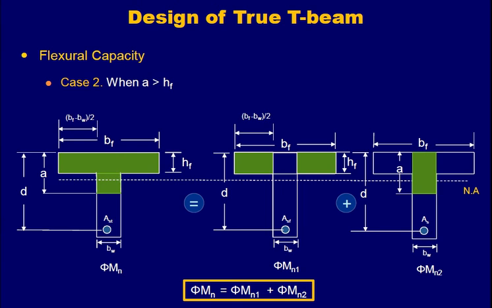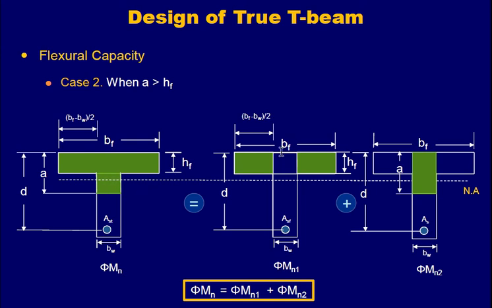And now the special case, design of true T-beam, where a is greater than hf. When a is greater than hf, see this case. Your a is greater than hf because your complete slab is in compression, plus this part of web is in compression. Okay. So what you have to do is split it.